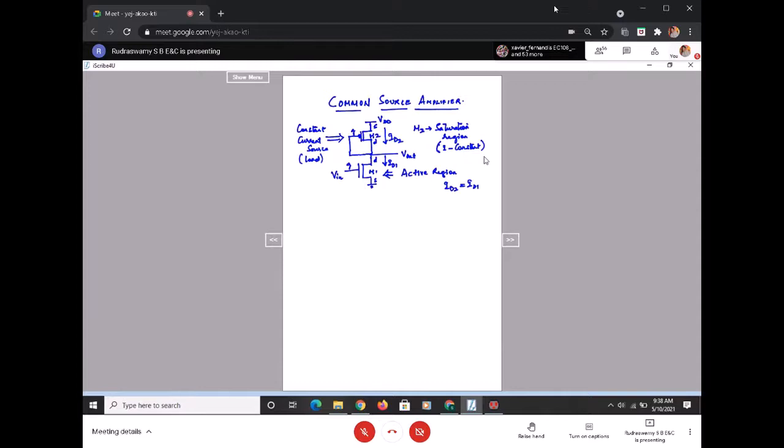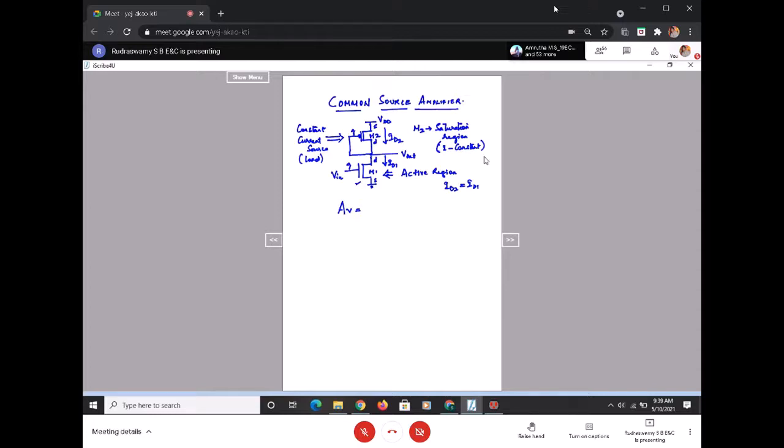With this, we then take the gain expression for the NMOS. We are interested in the gain of the M1 transistor, because this is the active transistor that we are using for amplification.